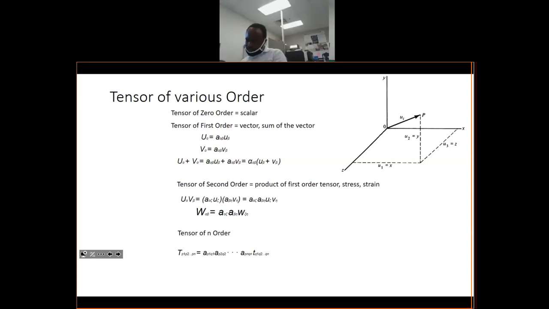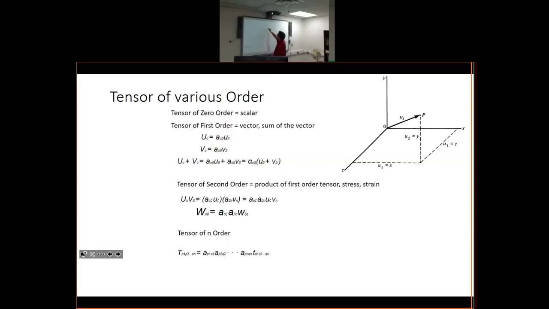If I apply this to a scalar, then Aij has to be taken to the power of 0, which means it's 1, which means it is not applied, because the scalar in prime or unprime coordinate system is exactly the same value. For the vector, this is what we apply to the vector.